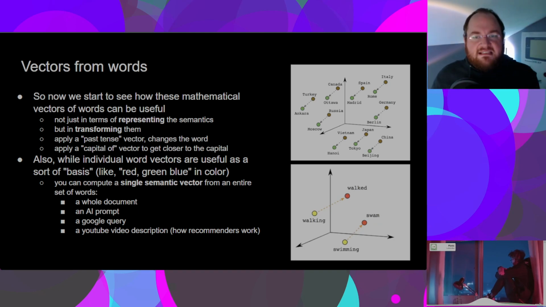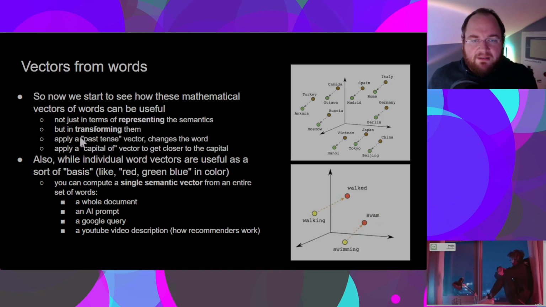We start to see how these mathematical vectors of words can be useful, right? It's not just in terms of representing the semantics mathematically, but also transforming them. We can translate, we can apply the same transformations to many of these vectors and get things that are relevantly connected.